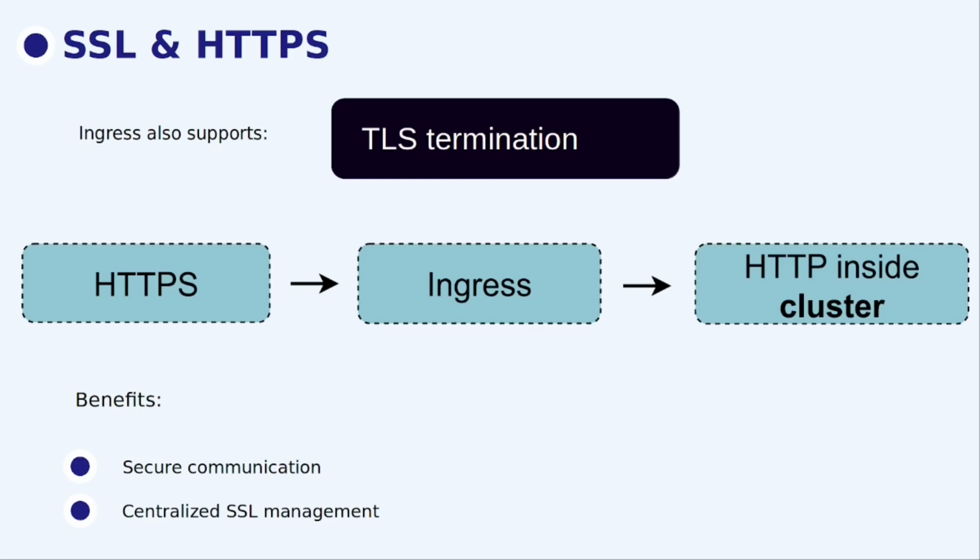This simplifies certificate management because SSL certificates are handled in a single place. It also improves performance and security. In production environments, Ingress is often integrated with tools like Cert Manager to automatically generate and renew TLS certificates.